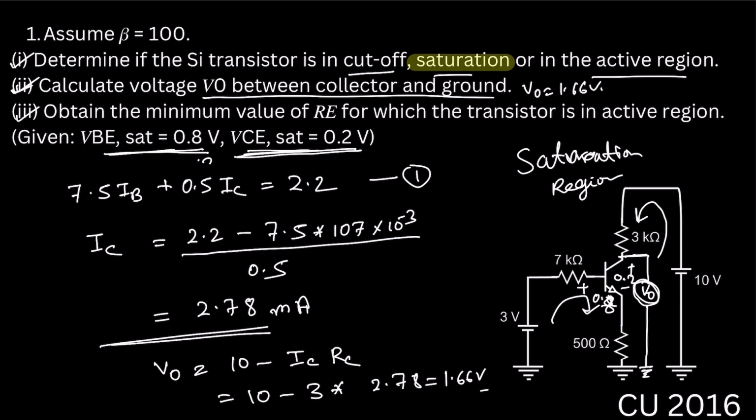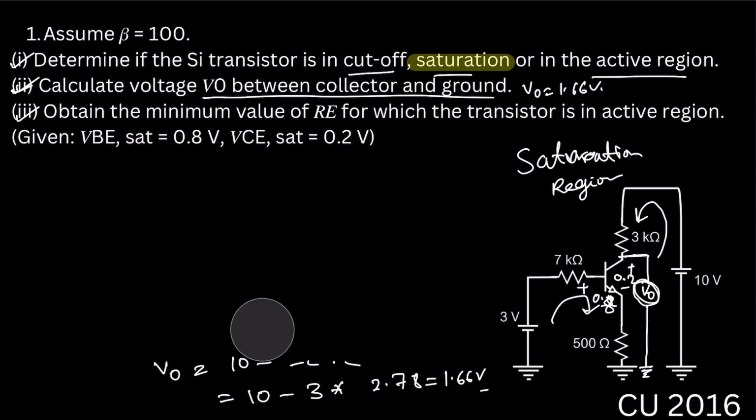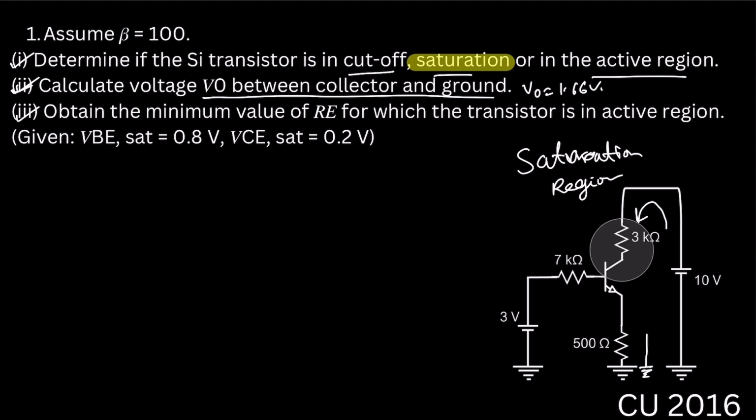Okay, so I just erase all of this. Now they are asking that we need to find out the value of RE such that the transistor will be operating in the active region.